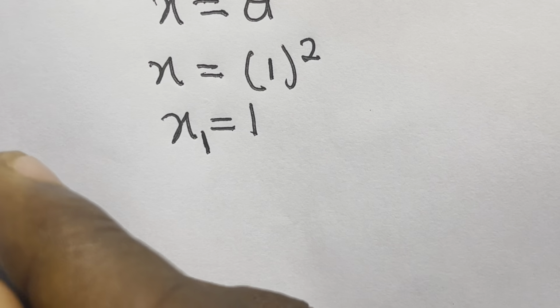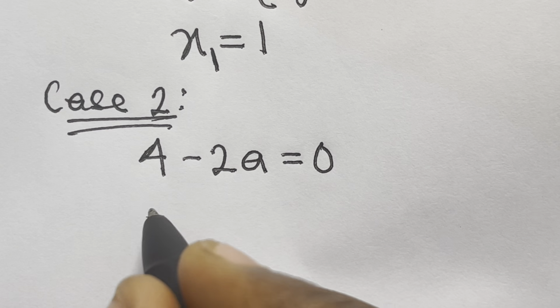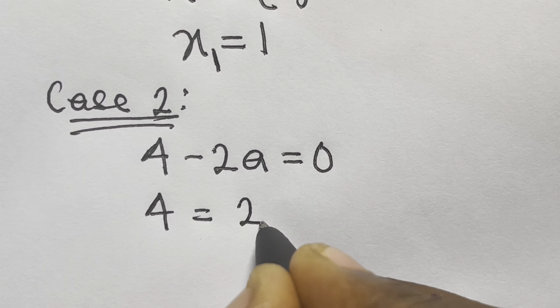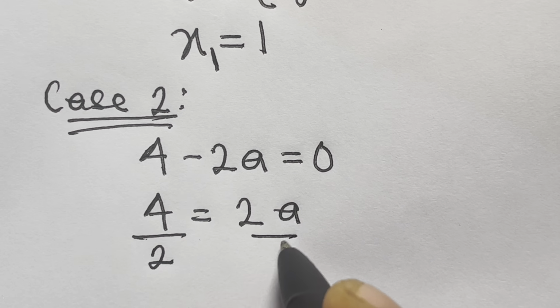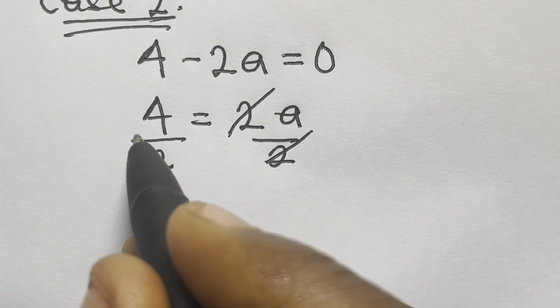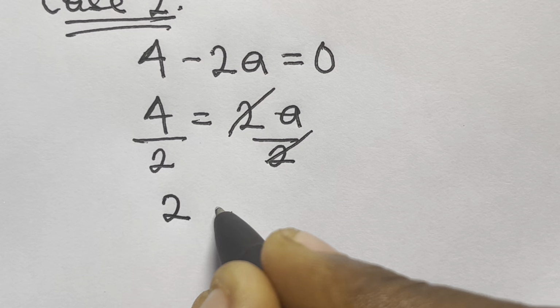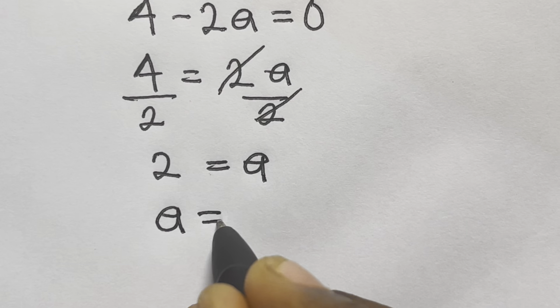So for the second case, that is case 2, we have 4 minus 2a equals 0, and we have 4 equals 2a, right? So here we can easily divide both sides by 2, we cancel this, and we have 4 divided by 2 gives us 2 equals a. So we can declare that a equals 2.